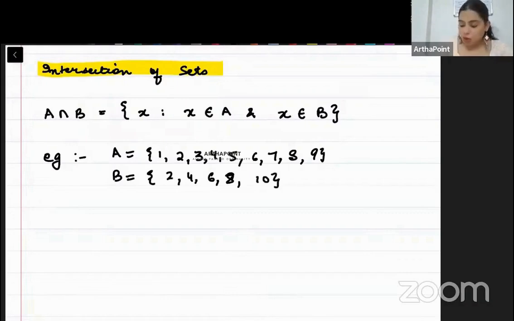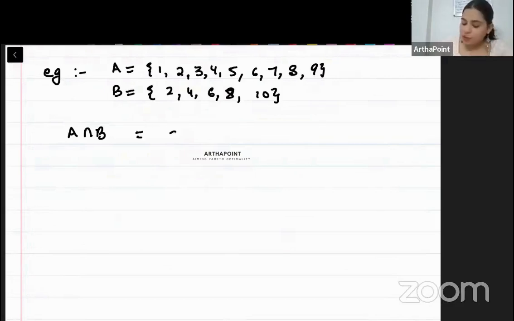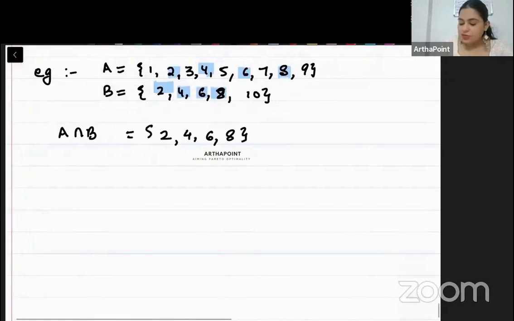Now I'm asking what will be A intersection B. So A intersection B means those elements which will be in A and which will be in B. So what will I have? I have 2 in both of them. I have 4 in both of them, 6 in both of them and 8 in both of them. Hai na? So I will get 2, 4, 6 and 8. This will be A intersection B.